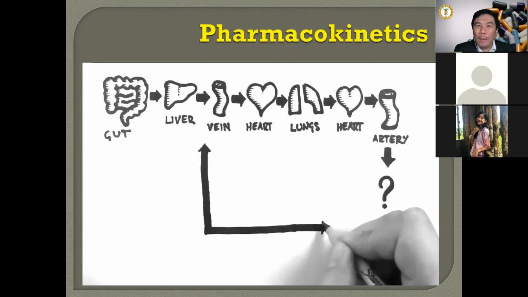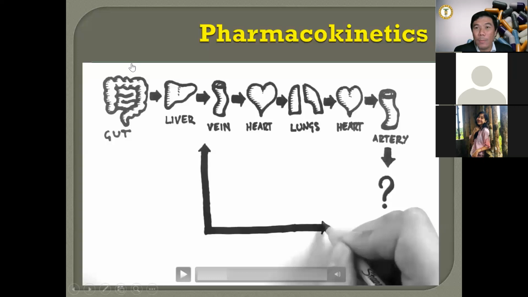Now when we talk about the basic knowledge in anatomy and physiology, the one that has a major contribution when it comes to pharmacology is the circulatory system. So when we talk about absorption, it shows on the video that when a drug enters the body via oral medication, obviously it will enter via the gut, the gastrointestinal tract.